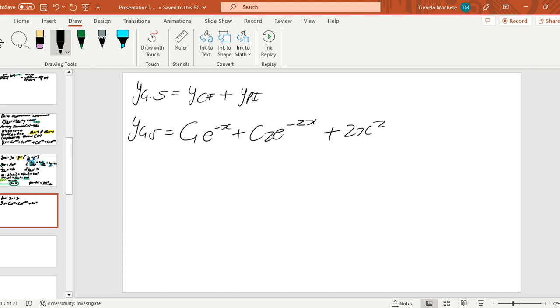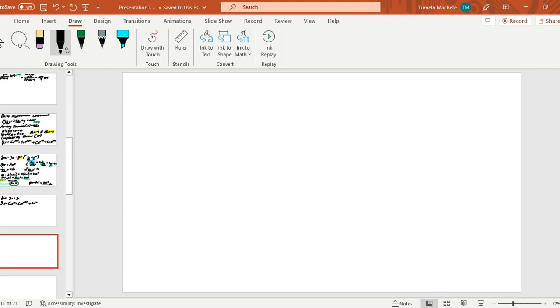So let's move to the next method. The next method is the method of the operators. Basically we're going to solve almost similar questions but using the method of the operators.